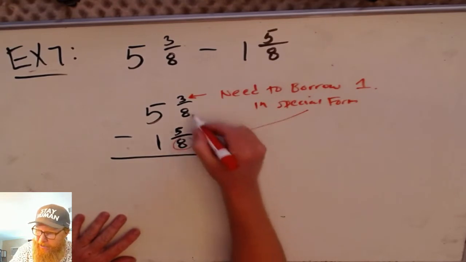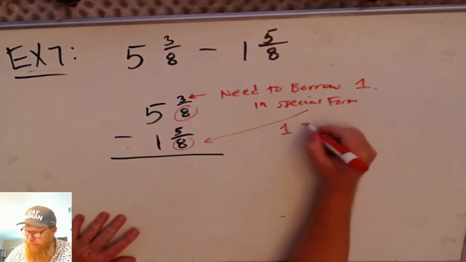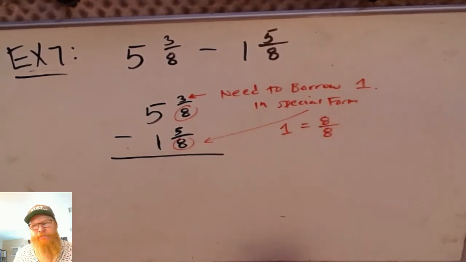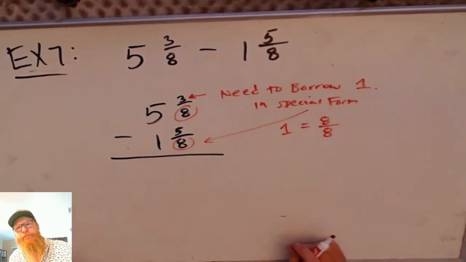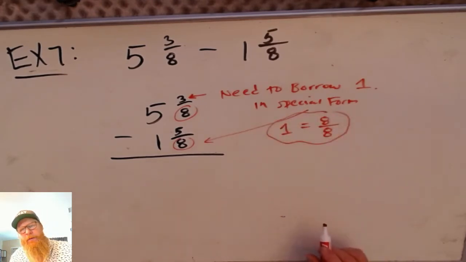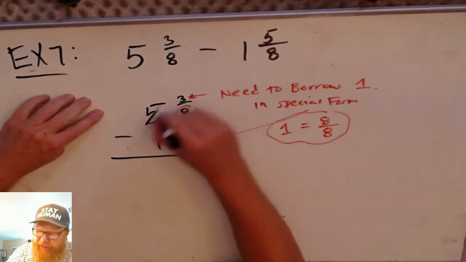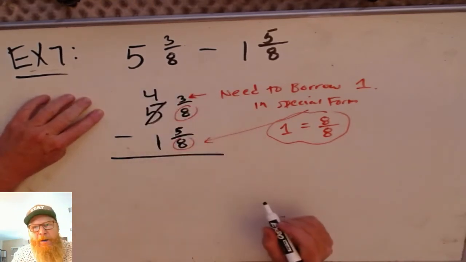So just look here. 1 is equal to 8/8. You can just do that mentally. So we're going to borrow it from the 5. So the 5 is just going to become a 4.